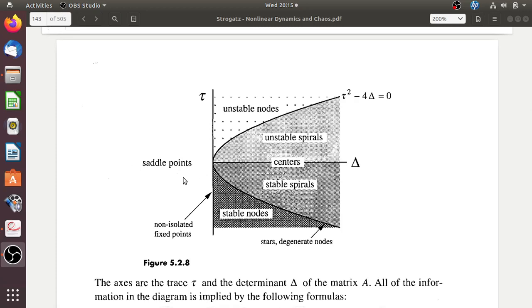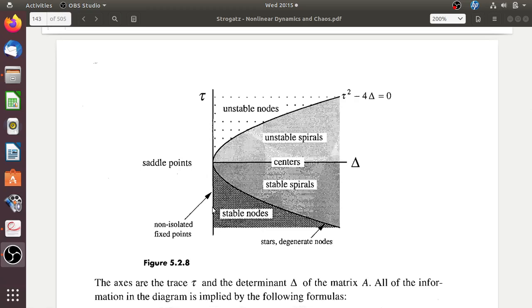Okay, when the determinant is 0, which means along this line, let's say at that time my trace is positive here and my trace is negative there. What can I say? When my determinant is 0, one of my eigenvalues is 0. And when my trace is negative, my other eigenvalue will be negative.